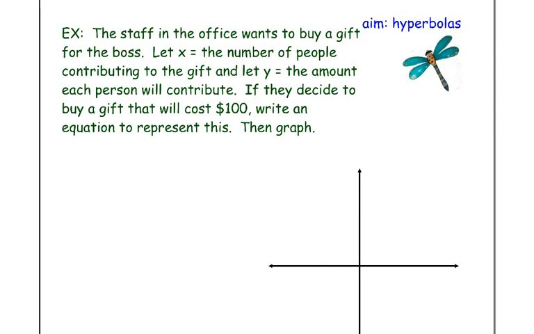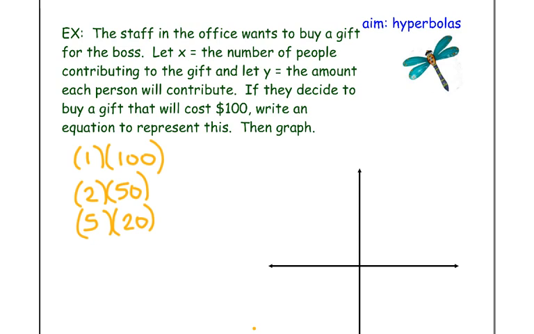Okay, so let's say you had one person contributing. Then that one person would have to pay the whole $100. If you had 2 people contributing, they'd be paying $50 each. If you had 5 people contributing, they would be paying $20 each.